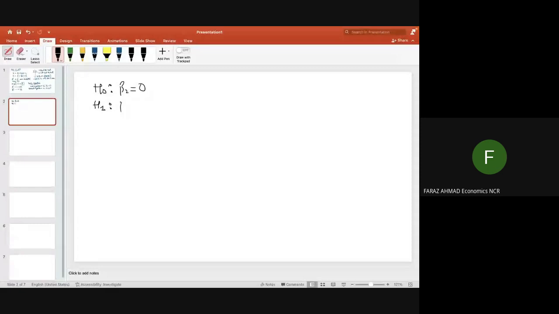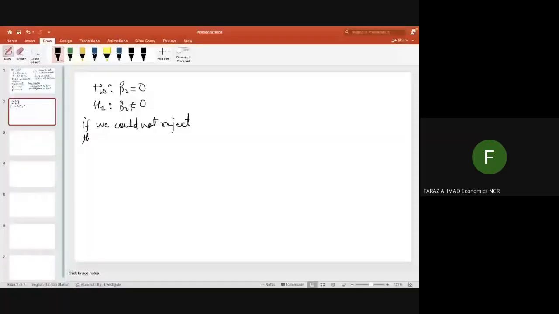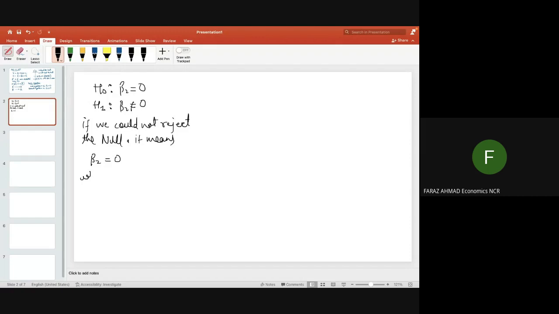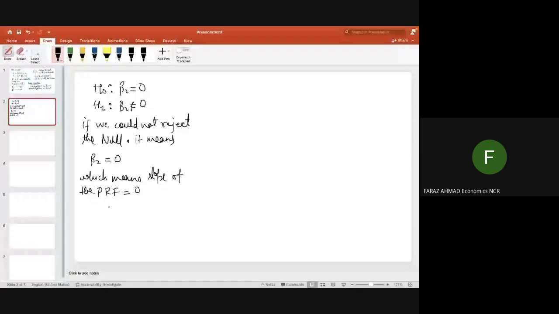So if the null is true, if we could not reject the null, it means beta 2 is equal to 0, which means the slope of the PRF is 0, which means our PRF is like this.